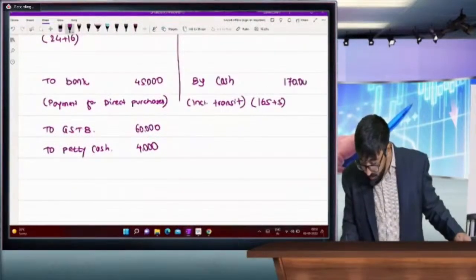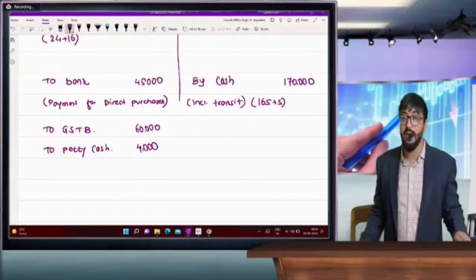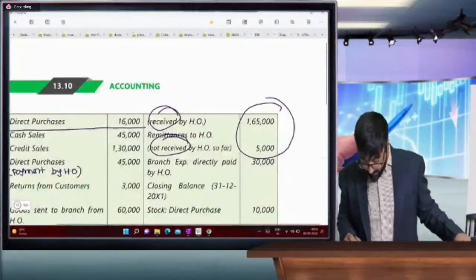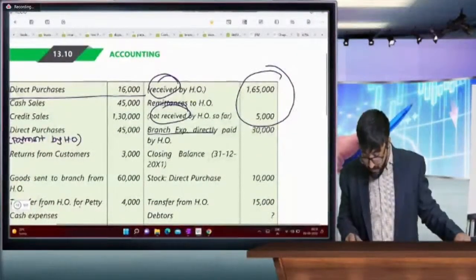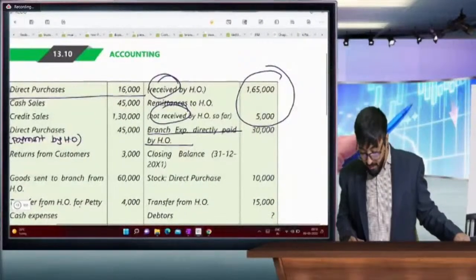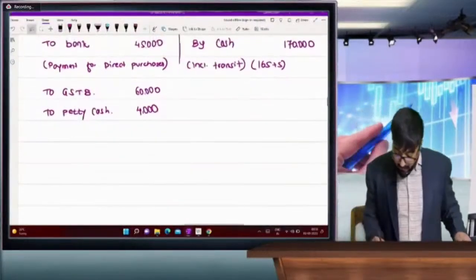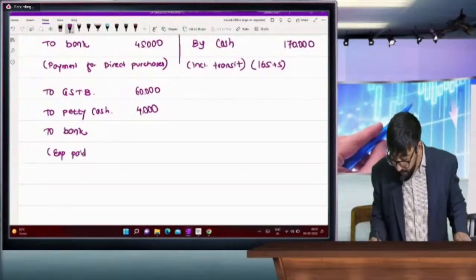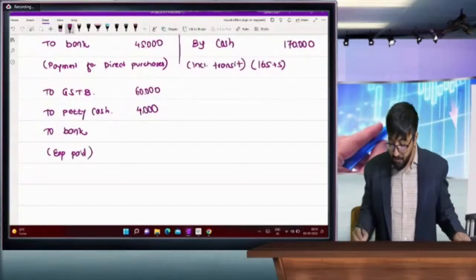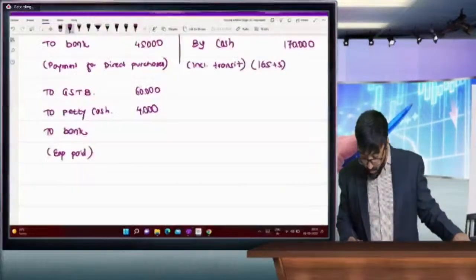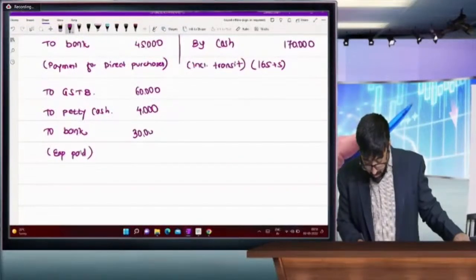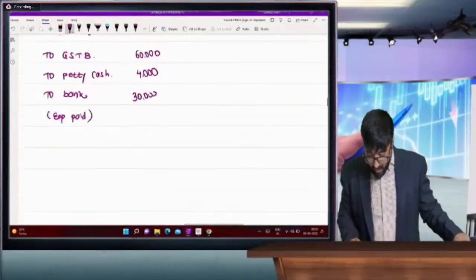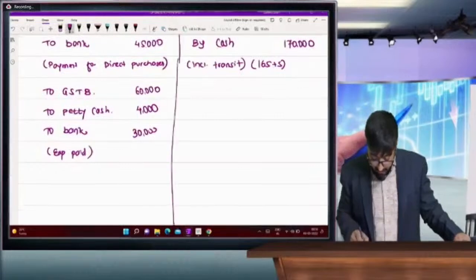What is the amount? 1,70,000. Then branch expenses directly paid by HO. What is the entry? HO will pass entry branch to cash, expenses paid. How much? 30,000.